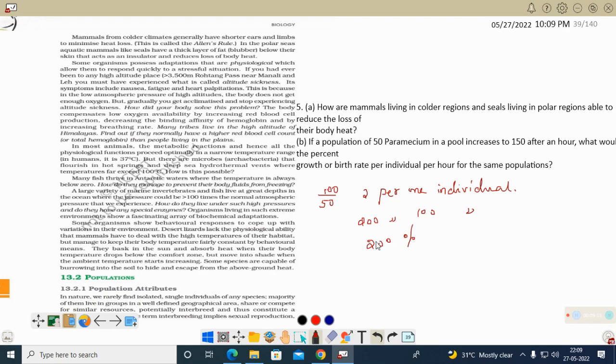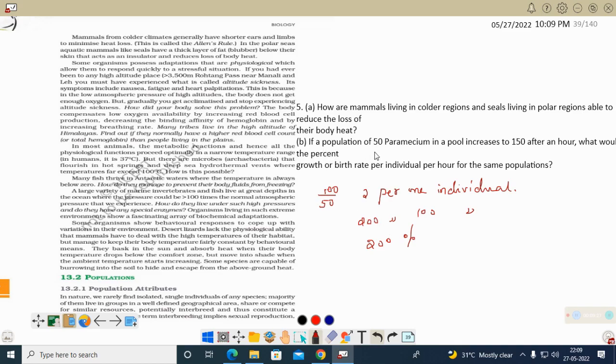If they are just asking the birth rate per individual, that is 2 per 1 individual, and the organism shows 200 percent growth.